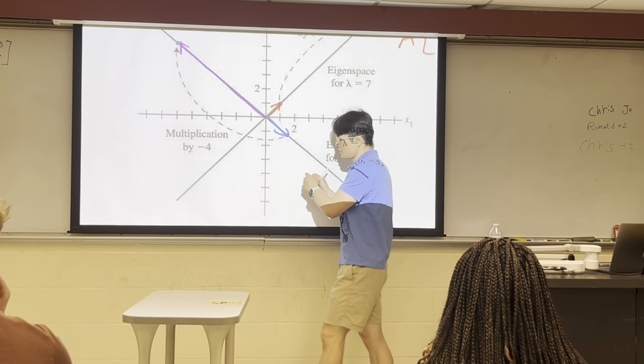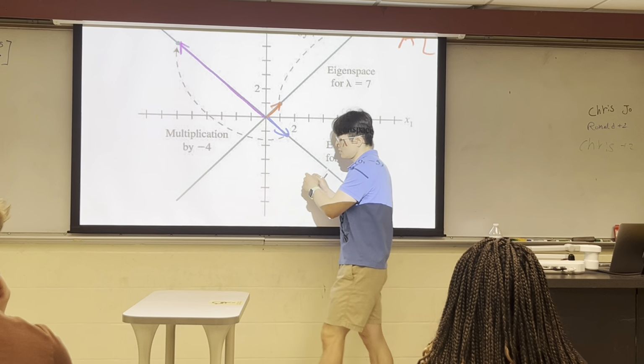I'm going to have A times x equal to the eigenvalue times x, and I'm going to use the same technique and factor out x. Then what?